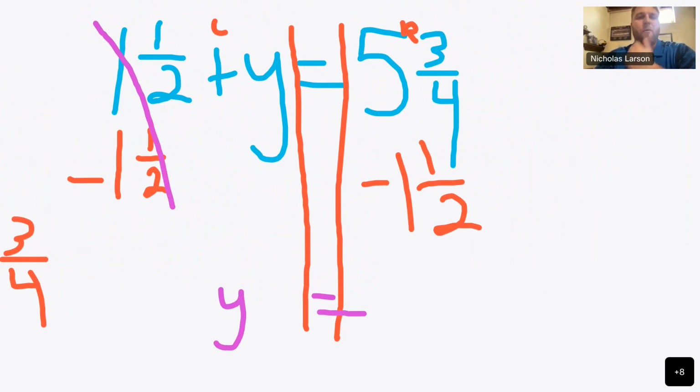And then we have to think about how to potentially solve this. There's a couple ways to solve mixed numbers. My favorite way is to make it an improper fraction. Who can remind me what an improper fraction is?